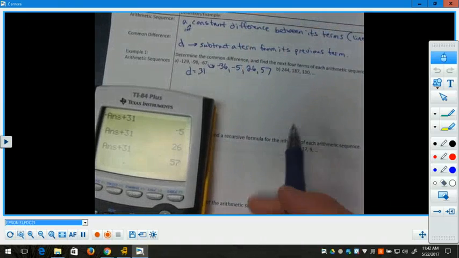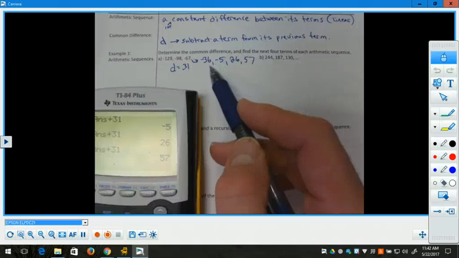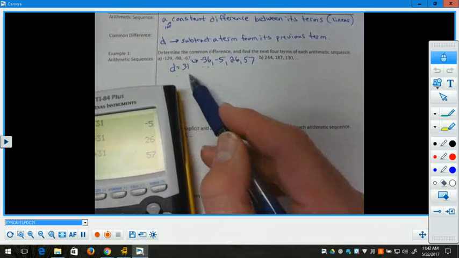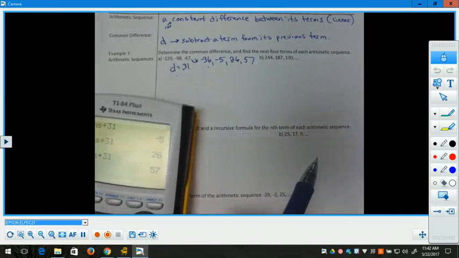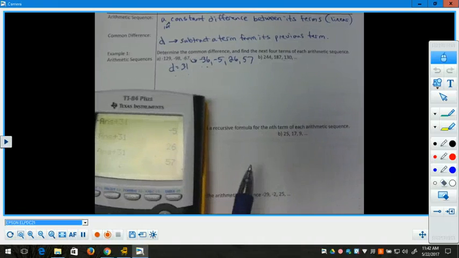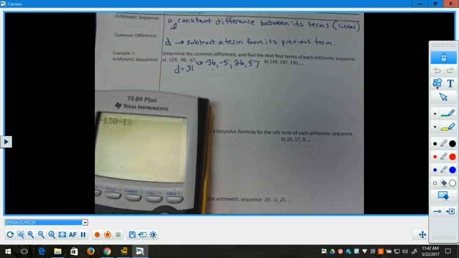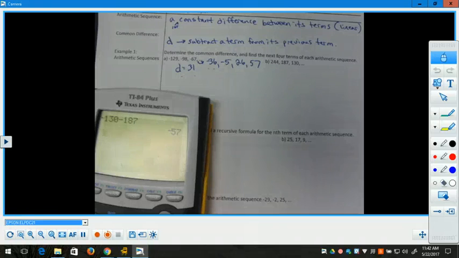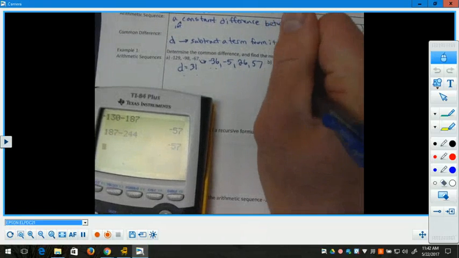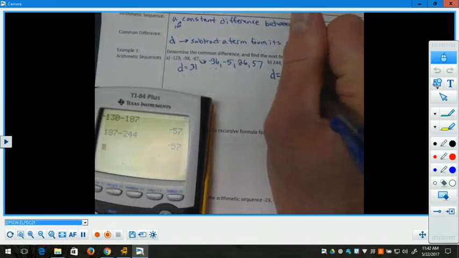So we're using the recursive pattern, like how do we get from one to the next? And that's just adding the value of d. We'll talk about writing algebra rules in a second, both the recursive and explicit. For the next one, 130 minus 187 is negative 57. 187 minus 244 is negative 57. So in this case, our common difference is negative 57.